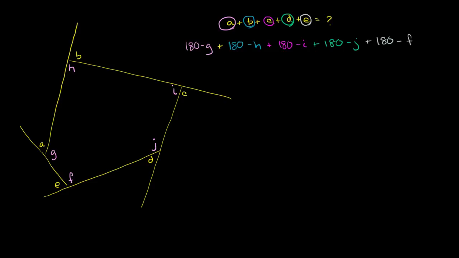And so what we're left with, if we add up all the 180s, we have 180 5 times. So this is going to be equal to 5 times 180, which is 900.